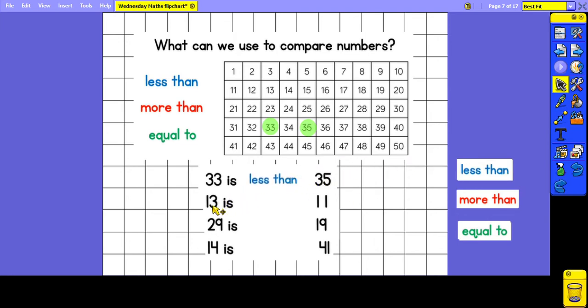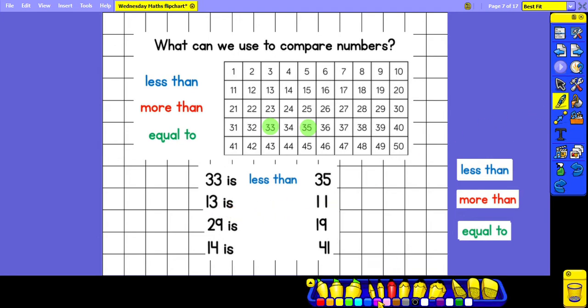Okay, and then for the second one, we're comparing 13 and 11. So if we start off by finding 13 on the number square, and then 11. So is 13 less than, more than, or equal to 11? Well, we can see that it is more than.